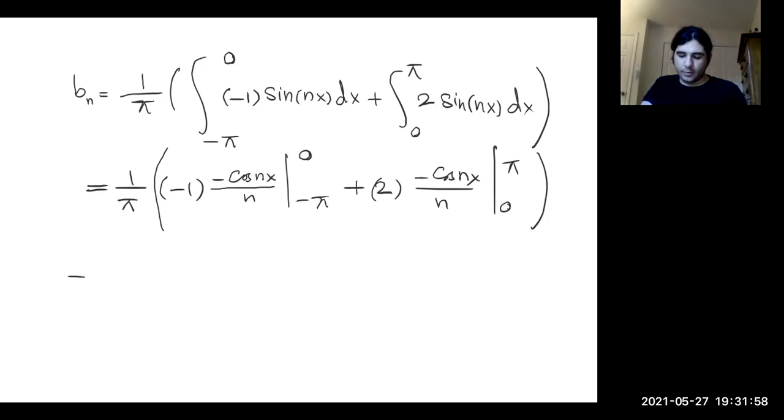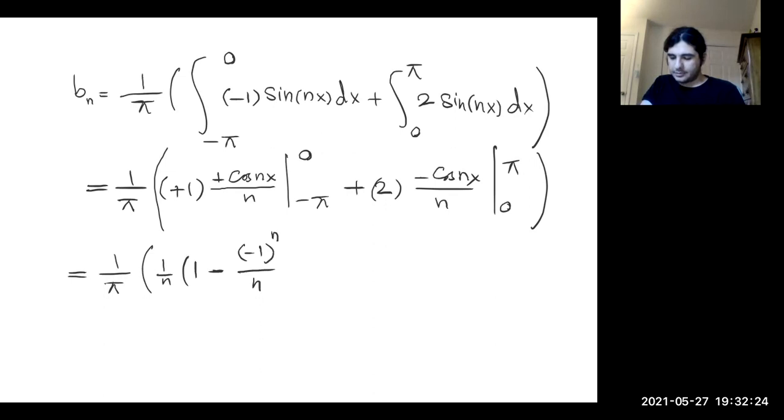This is equal to 1 over pi times, well, these minus 1 and minus 1, they would cancel each other. It would be cosine of 0, which is 1, minus cosine of n pi, over n. And cosine of n pi is equal to minus 1 to the n.